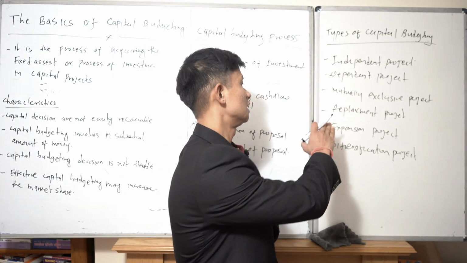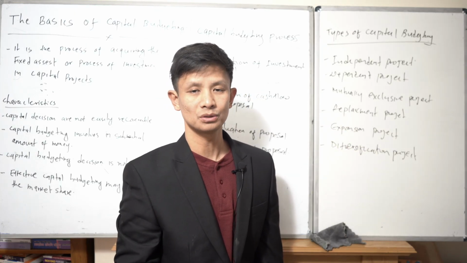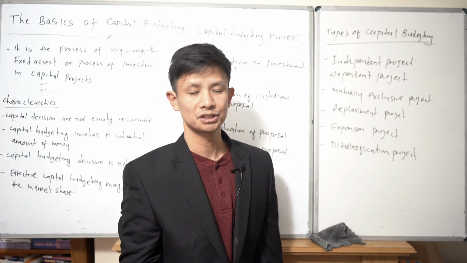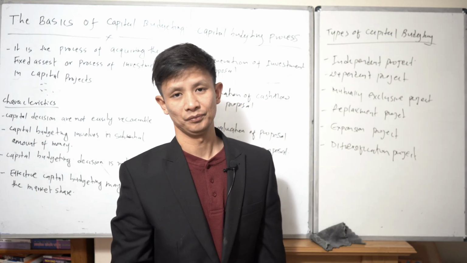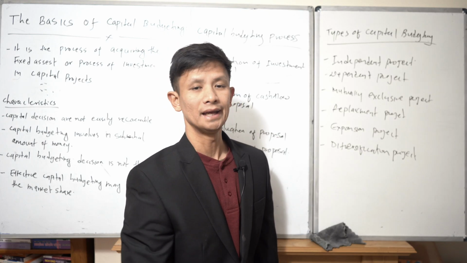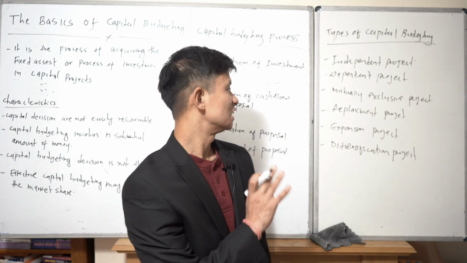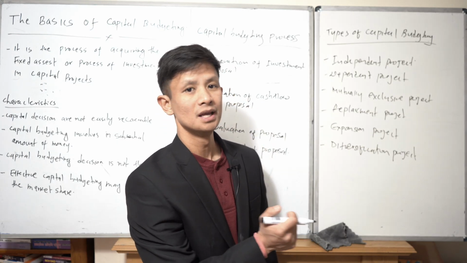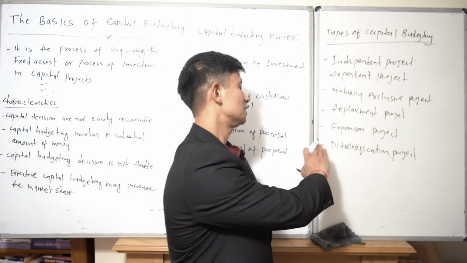Another is the replacement project. Sometimes the book value of machines, plants, or other assets becomes zero at the end of the year because of wear and tear. In that case, those assets need to be replaced by new ones. That kind of project is called a replacement project. The third one is the expansion project.